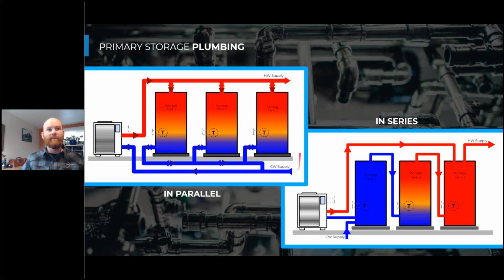We can either connect them in parallel, which has some important considerations that we must take into account, but this essentially ends up operating as one single tank, if they're perfectly balanced, where the cold water is coming in and going in equally to each one of these tanks. And the key thing here is balancing, because if there's one easy flow path and one challenging flow path, then we're going to get an unbalanced system and we're going to have problems with this parallel configuration.